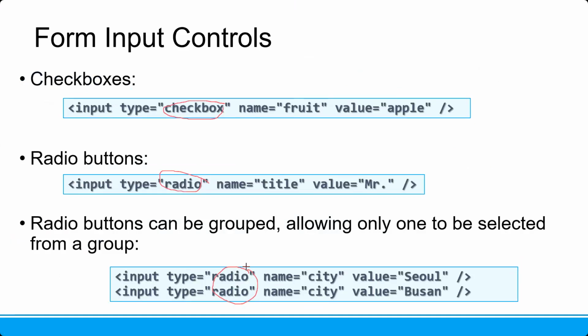So if it is a radio button, you can choose only one among the buttons. Or with checkboxes, you can choose multiple. It means you can choose more than one. So radio buttons can be grouped, allowing only one to be selected from the group. For checkboxes, it can be more than one. Okay.